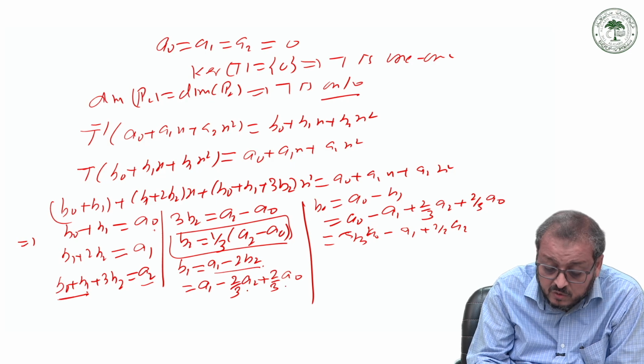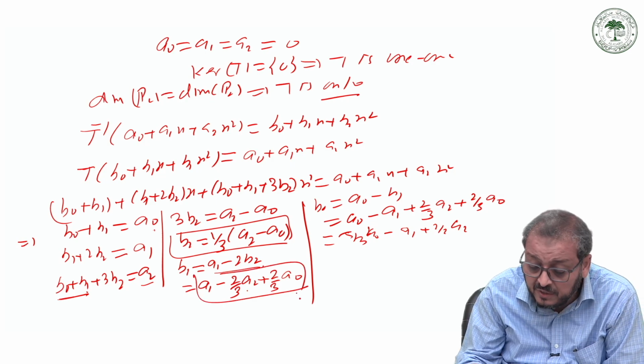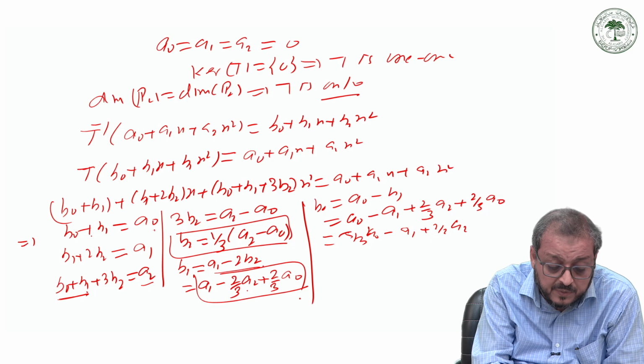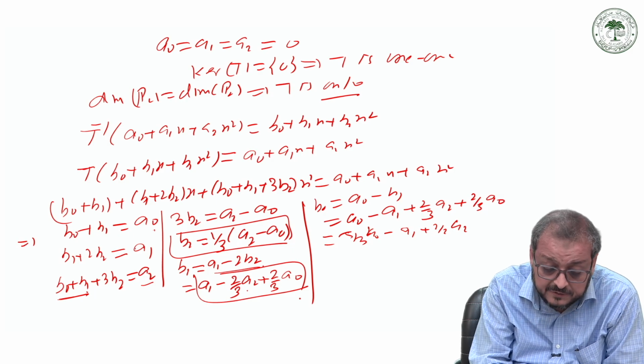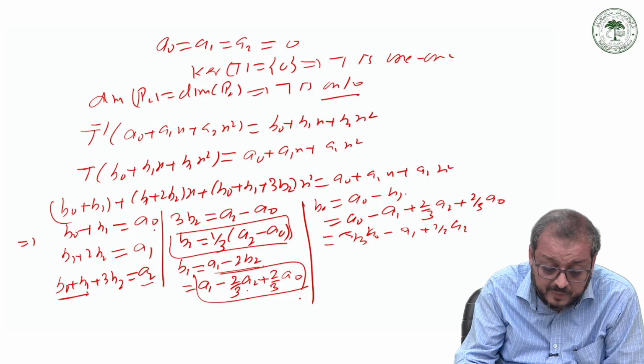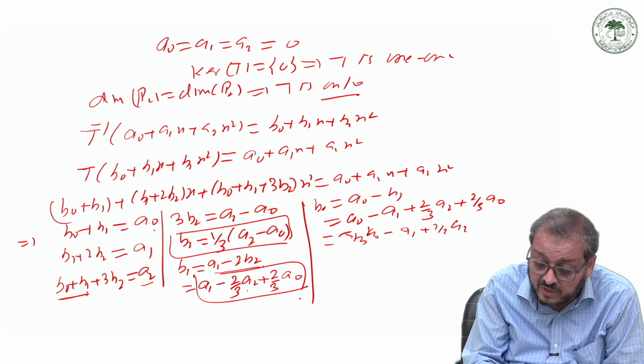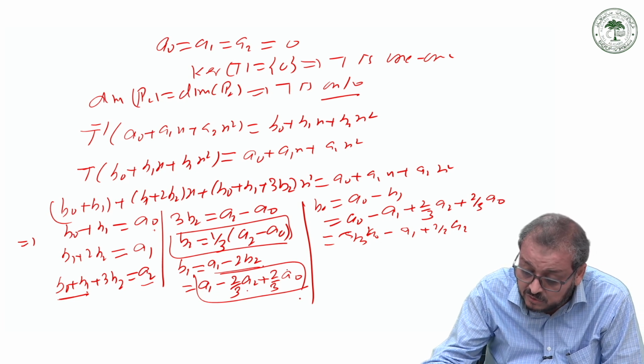So 2 by 3 a2 minus this is clearly correct, and now we substitute b naught is equal to a naught minus b1, where b1 is a1 minus a1 plus, and this should be minus, sorry.